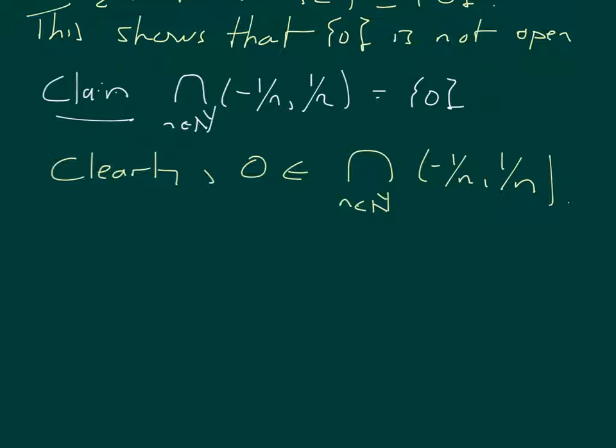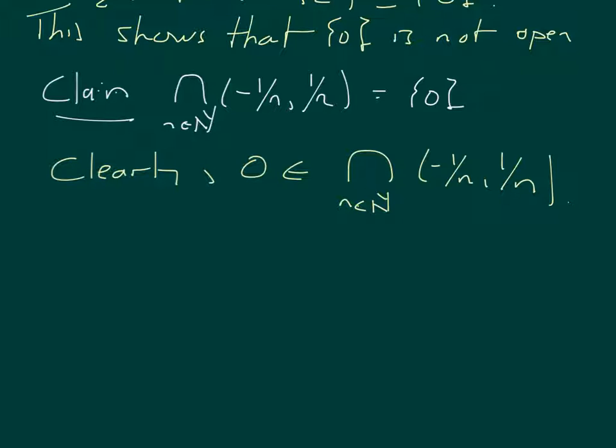All right, so at this point we have that the singleton set {0} is contained in the intersection. Now we want to show the reverse containment, that the intersection is contained in the singleton set {0}.